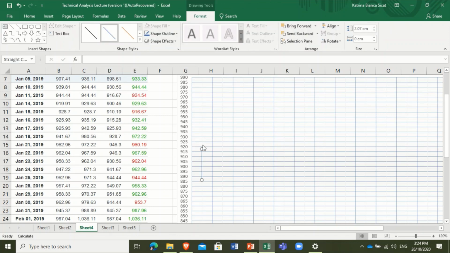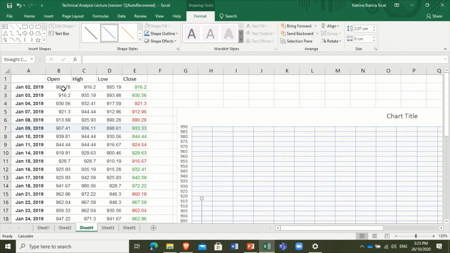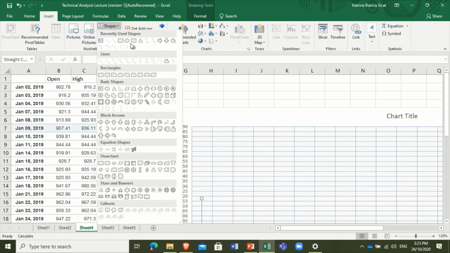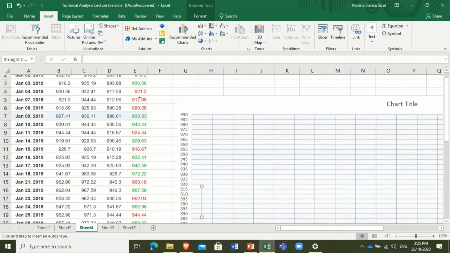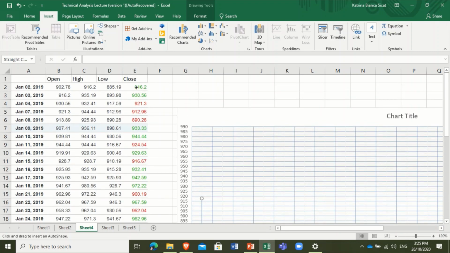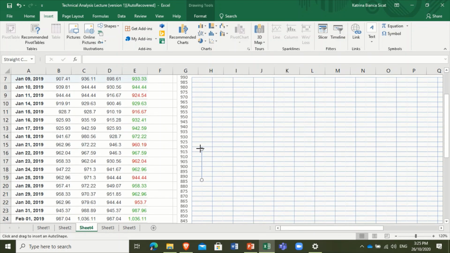Okay, now the next dilemma would be your opening and closing price, right? So the 916.2 is same with the highest price. The closing price is same with the highest price of the day. So instead of line, let's use a rectangular shape. 916, so same, and then 902. Okay, so 902.